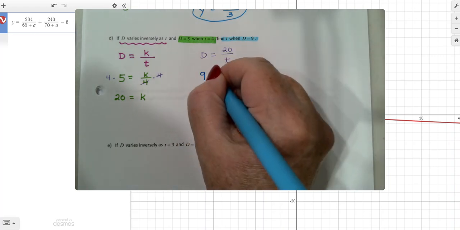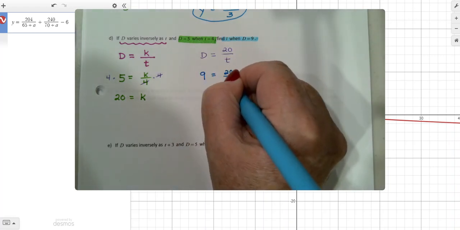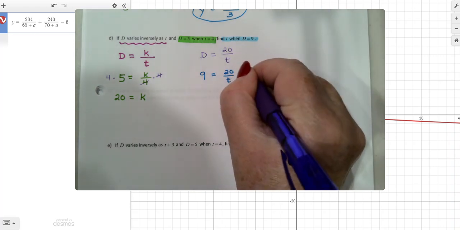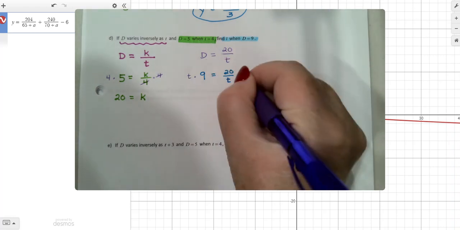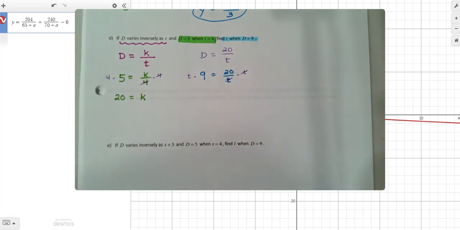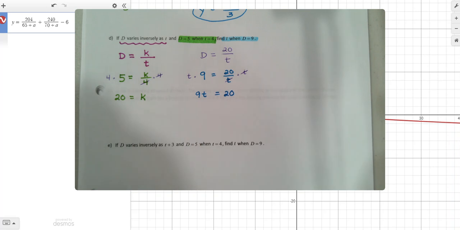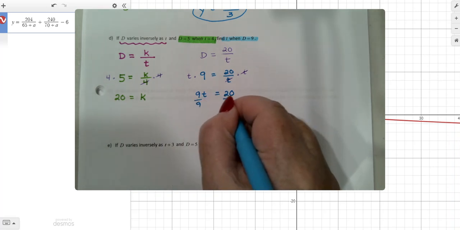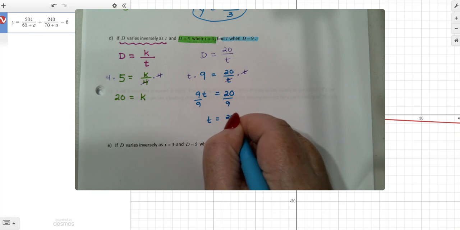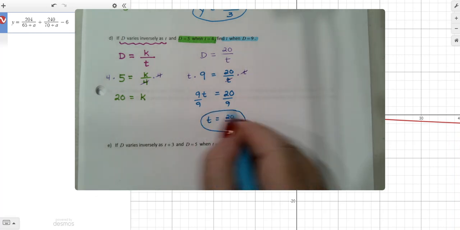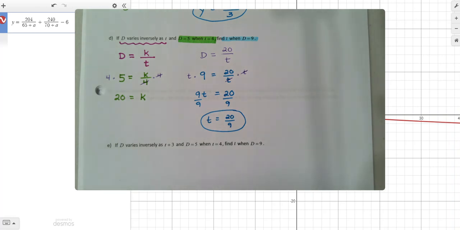So 9 for the D equals 20 over T. And notice again I've got a fractional equation, so I'm going to clear the fraction by multiplying both sides by T. I get 9T equals 20, and T would be 20/9. Once again, division wouldn't come out evenly, but you could get a decimal if you wanted to. I'm just going to leave it in the fraction form.